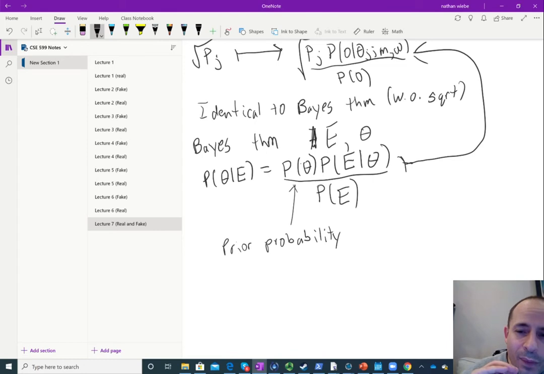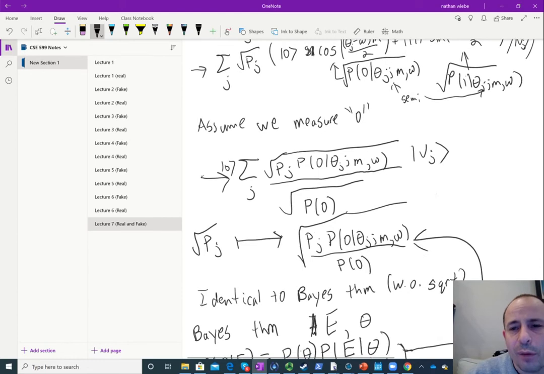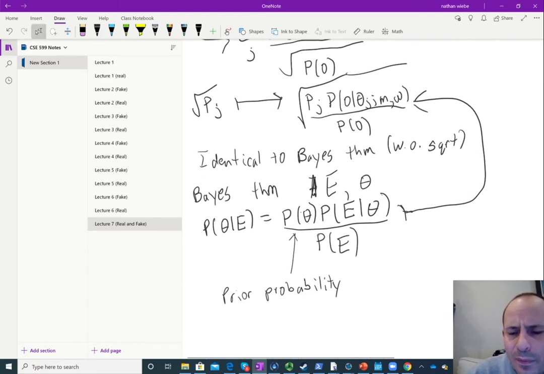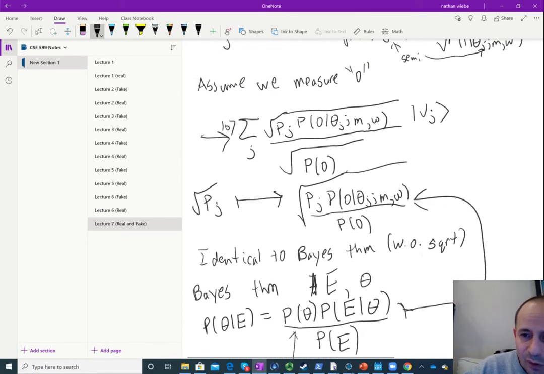But the basic idea is that this prior probability serves a very analogous role to our wave function amplitudes, our Pj's over here. And the way measurement updates these values is just like the way that Bayes' theorem says we should update our probabilities based on that. So that is the connection.